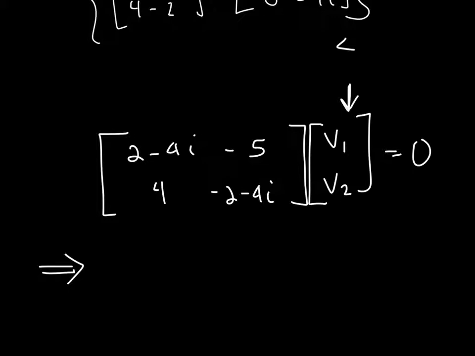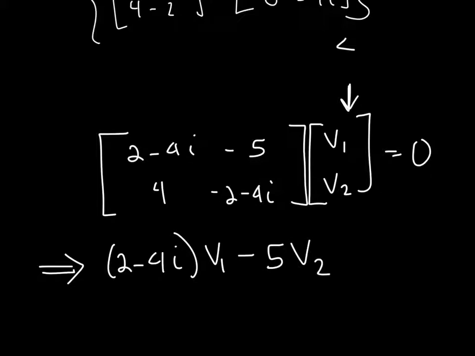Let's write this as 2 minus 4i v1 minus 5v2. What I'm doing here is matrix multiplication. I'm multiplying the row times the column, and then similarly we can do the second row.